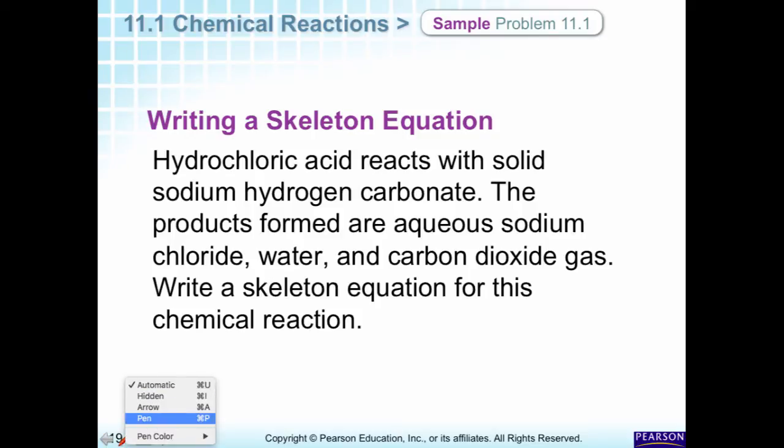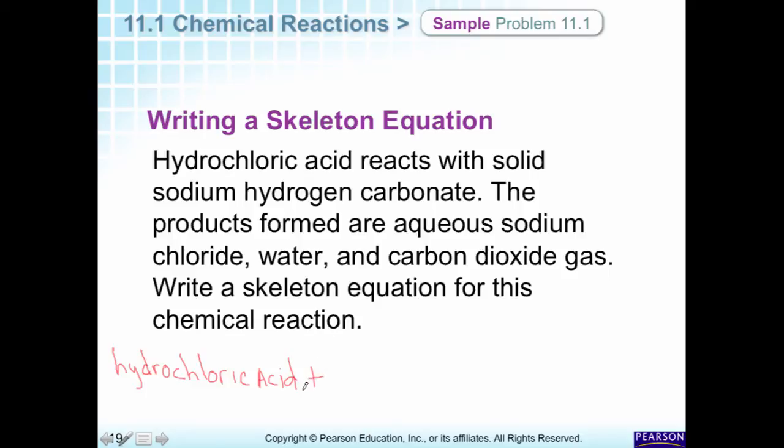So we have hydrochloric acid reacts, so that's plus.